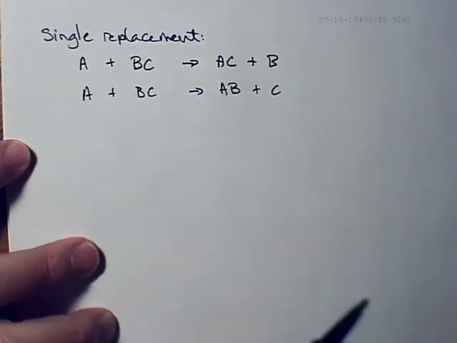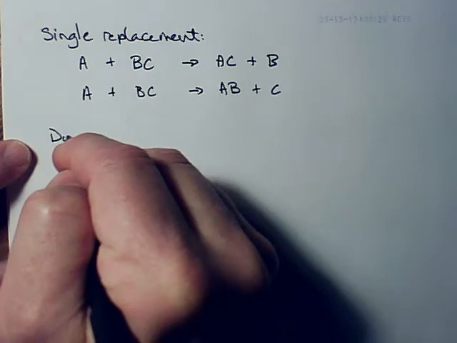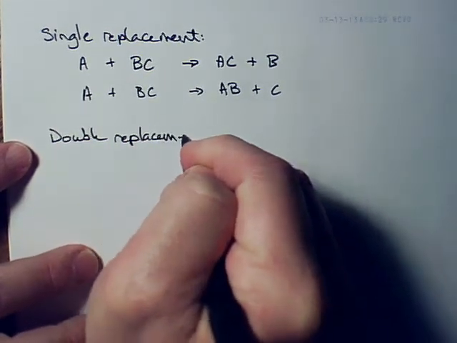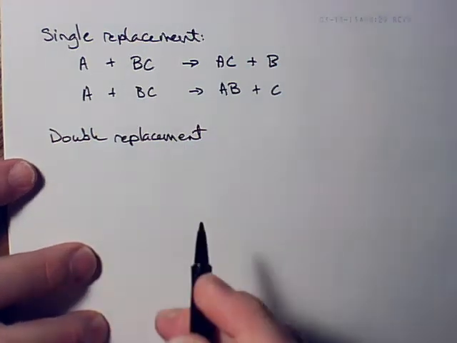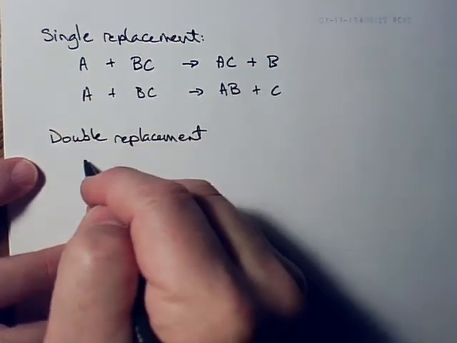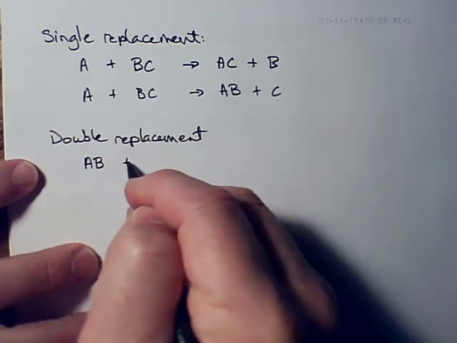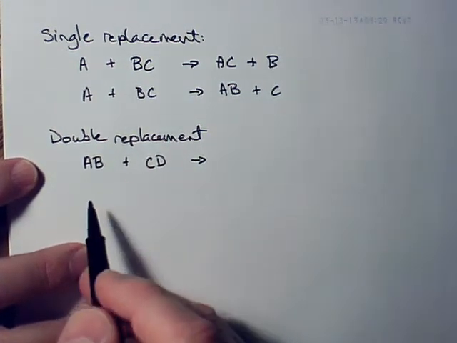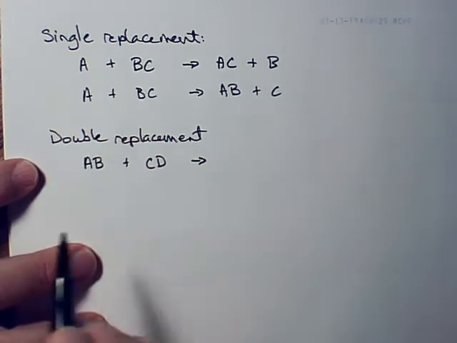Then we learned about double replacement. Alright? In double replacement, you've got two different two-part compounds. A front part and a back part, a front part and a back part.